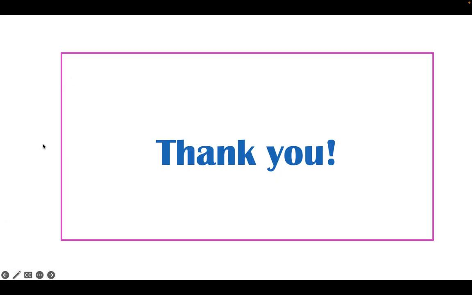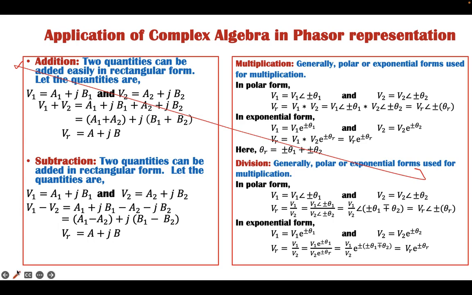Either we are going to sum the quantities, or subtract, divide or multiply them. In mathematical formulation, if we are considering addition, it is better to consider the rectangular form. In rectangular form, we have a real component and an imaginary component. For another quantity, real and imaginary components, adding real with real and imaginary with imaginary, we can find out the resultant quantity.